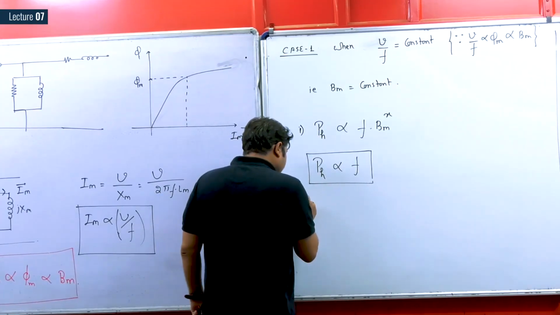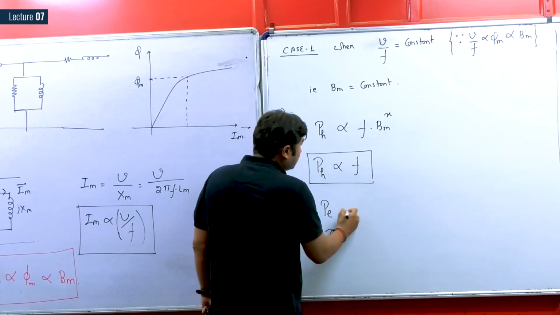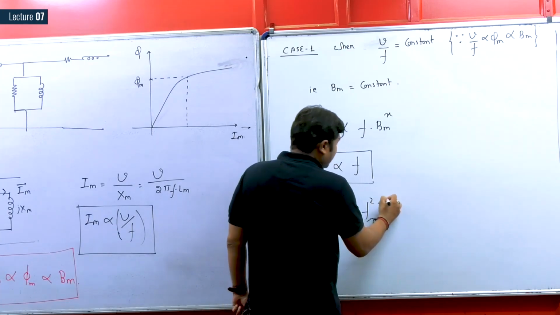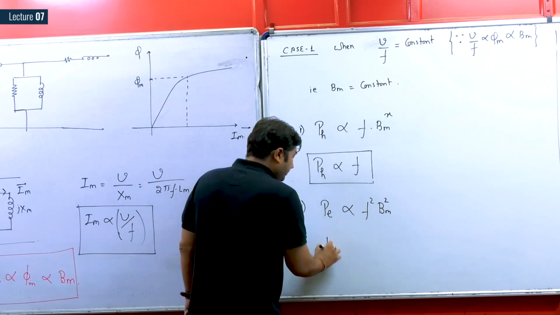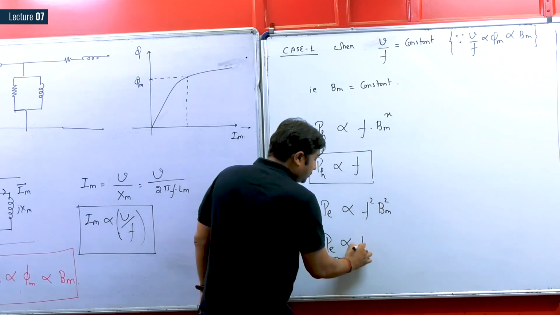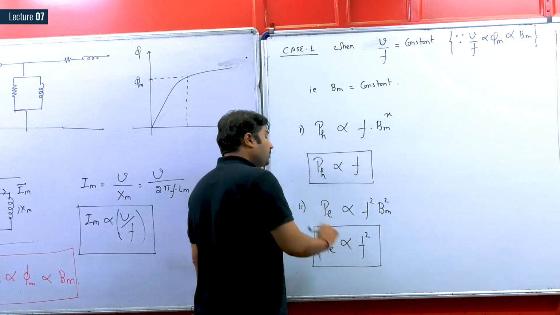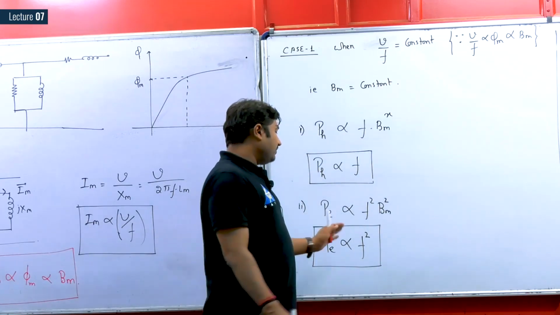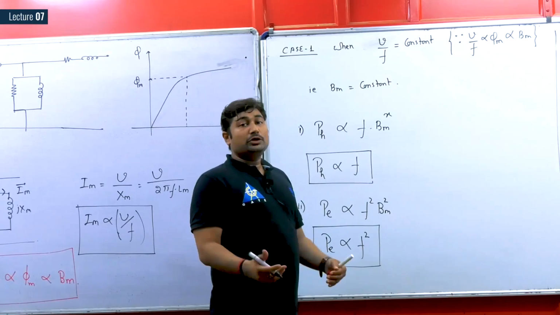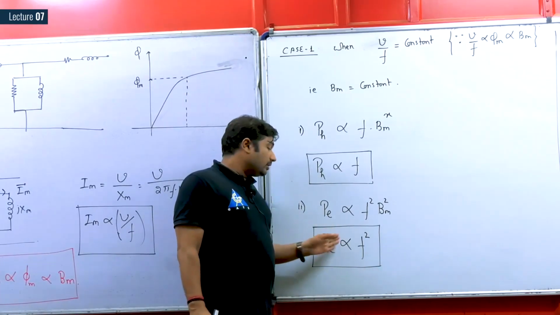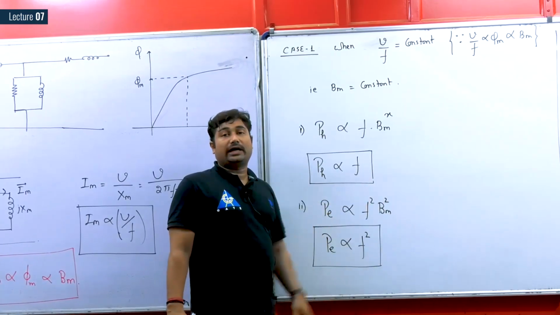Further, if you observe eddy current loss, then eddy current loss is proportional to F square into Bm square. So one can say, since Bm is constant, eddy current loss is proportional to the square of the frequency. Yes, of course, eddy current loss is proportional to the square of the frequency when the V by F ratio is constant. In most books, you find that eddy current loss is proportional to applied voltage square.